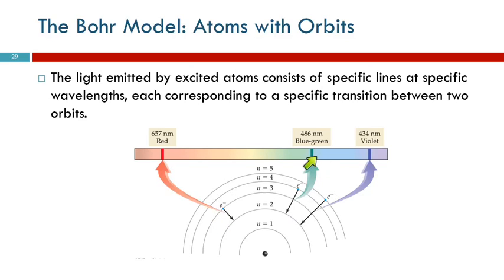The blue-green light, 486 nanometers, corresponds to the difference in energy between level 4 and level 2. And the violet light at 434 nanometers corresponds to the energy difference between level 5 and level 2. We can measure the wavelength of the light. We can calculate the energy. And so we can calculate the energy difference between these different levels for the hydrogen atom.